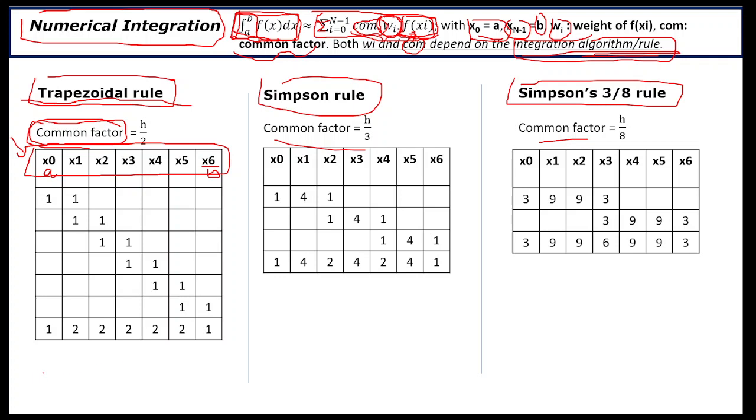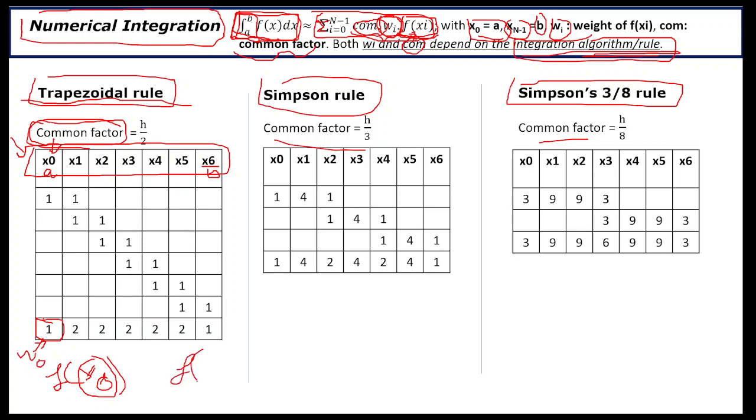For example, if I want to find the weight of f(x0), then x0 is here, so I look at this column of x0 and the last row. So 1 is our value of the weight w0.